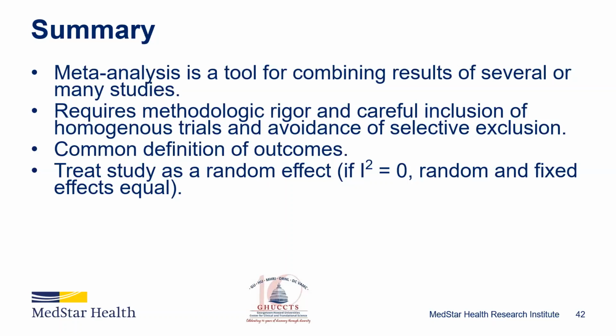Whether that was intentional or not, you don't know. But that's one of the reasons why meta-analyses are somewhat suspect, because you can select the studies that agree with your preconceived notions. Then also we need a common definition of the outcomes for it to be valid.